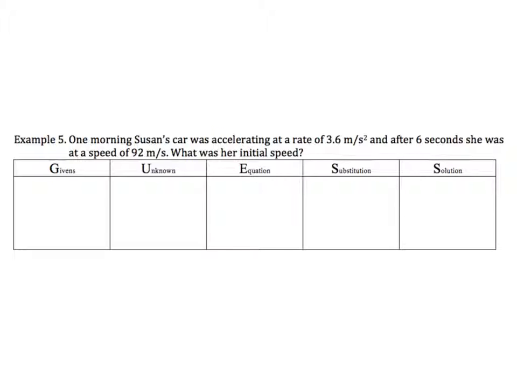In our fifth example, we have Susan's car accelerating at a rate of 3.6 meters per second squared, and after 6 seconds she was at a speed of 92 meters per second. We want to know the initial speed this time. So we have acceleration at 3.6 meters per second squared. We have time at 6 seconds, and we have final velocity at 92 meters per second.